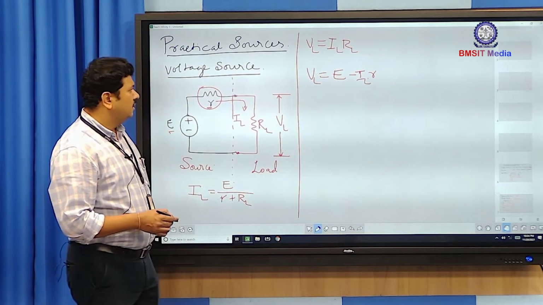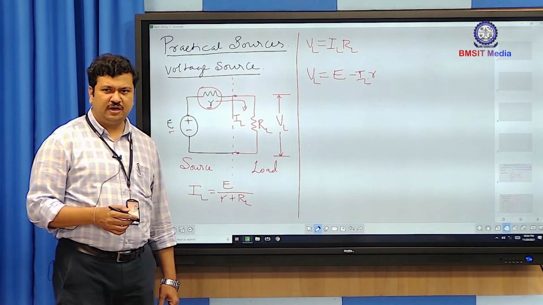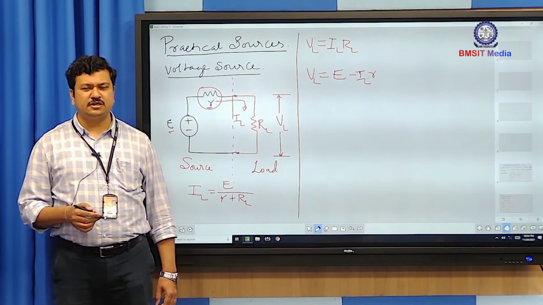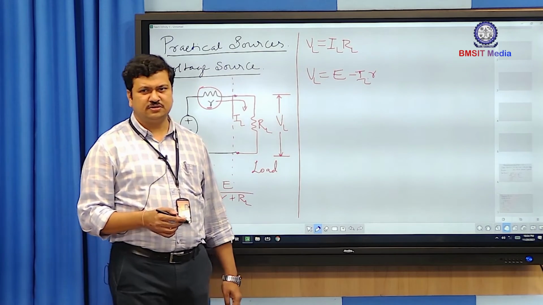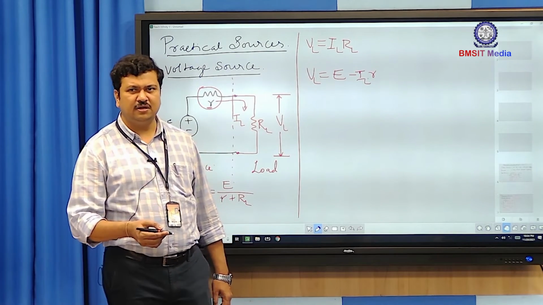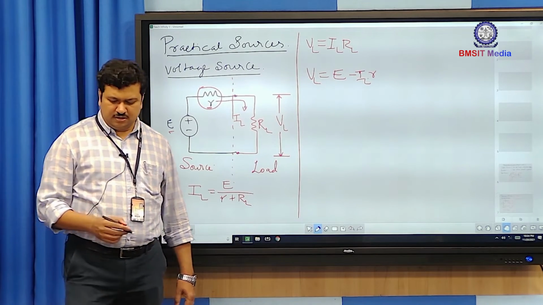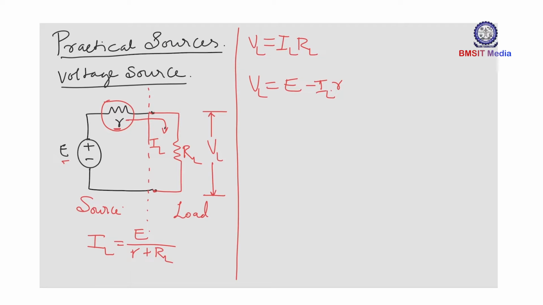The connections will be made in the system in such a way that from a particular node or a particular branch a constant current is obtained, and that branch is considered as a current source. But practically, the availability of a current source is very rare. So, how to get a practical current source? Before that, let us see the VI characteristic of a voltage source.